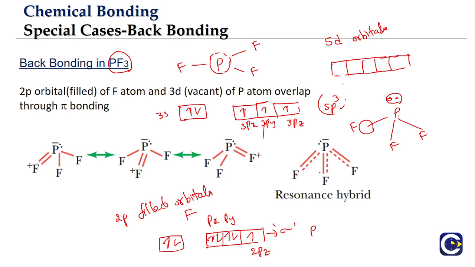Here the 5 in 5d is not the fifth level; it is representing the number, so 5 orbitals are there. These are the 3d series: 3dxy, 3dyz, 3dzx, 3dx2-y2 and 3dz2. These are the 5 orbitals that are there.